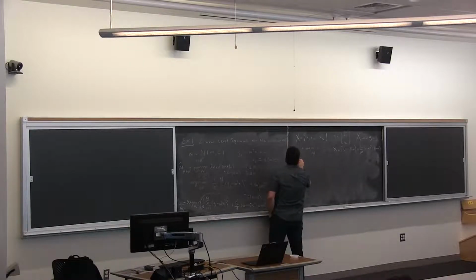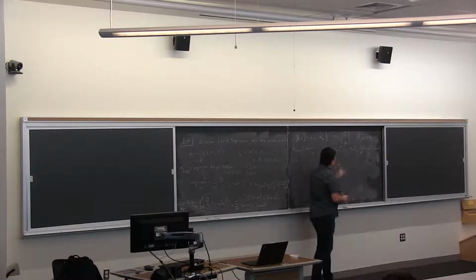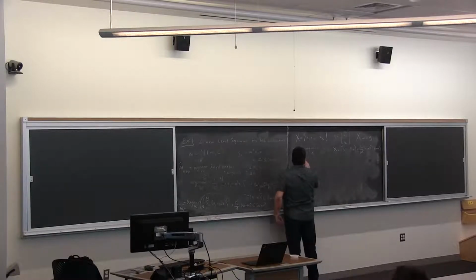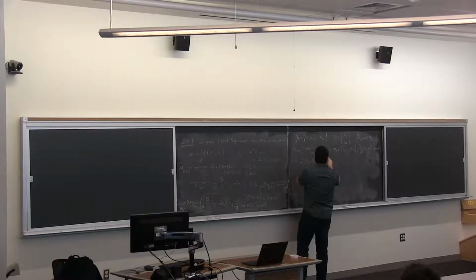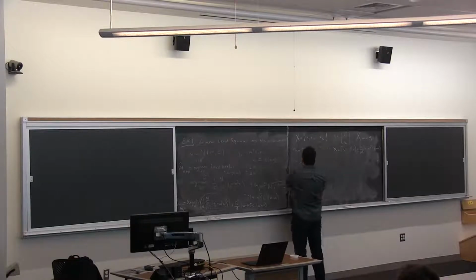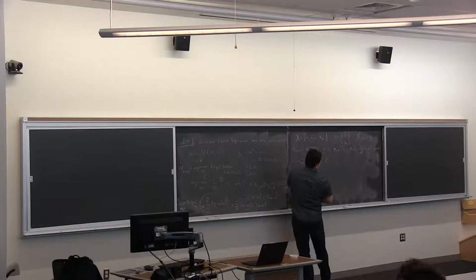So 0 is equal to, okay, the derivative of this with respect to w is 2 times (y minus Xw) transpose X, and there's a negative. I'm hoping I'm doing this right. Transpose is going to be X transpose. Yeah, I think it's right.